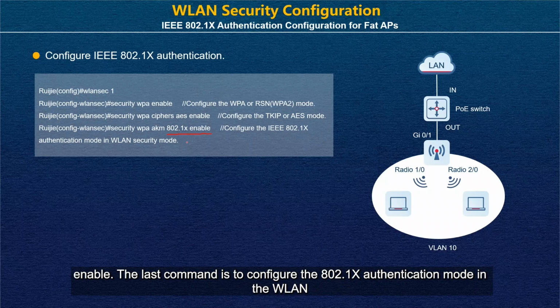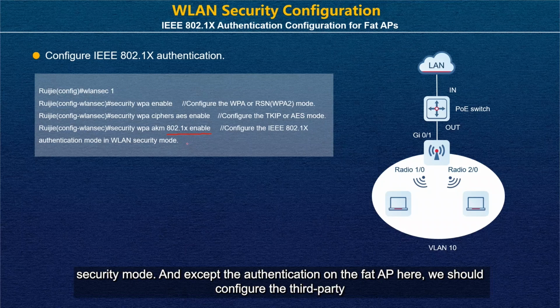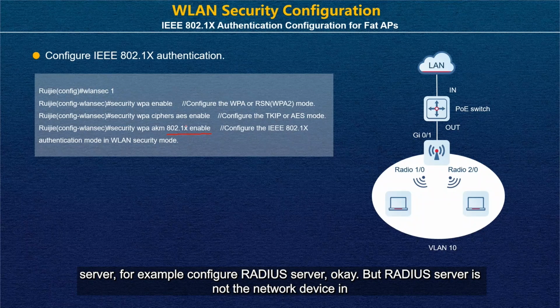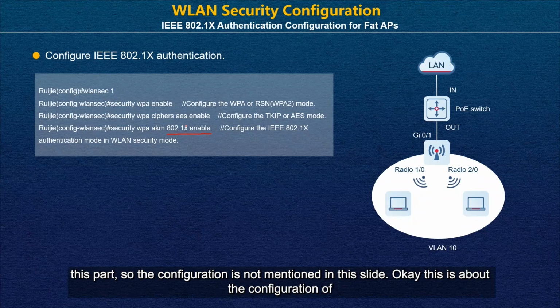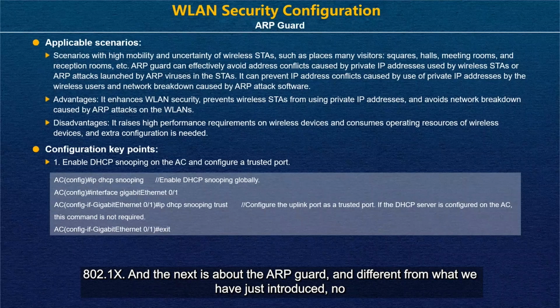The last command is to configure the 802.1x authentication mode in the WLAN security profile. Except for the authentication on the Fat AP here, we should configure a third-party server, for example, a RADIUS server. But the RADIUS server is not a network device in this part, so the configuration is not mentioned in this slide. Okay, this is about the configuration of 802.1x.